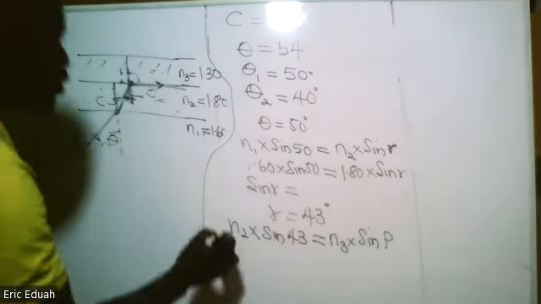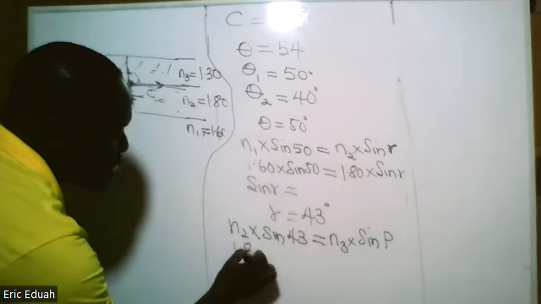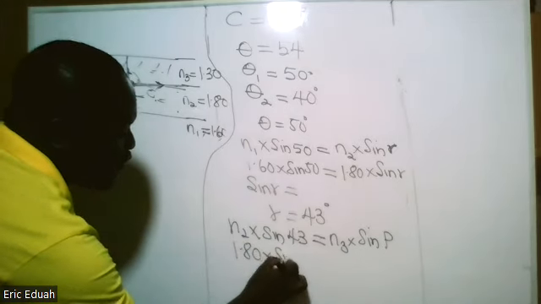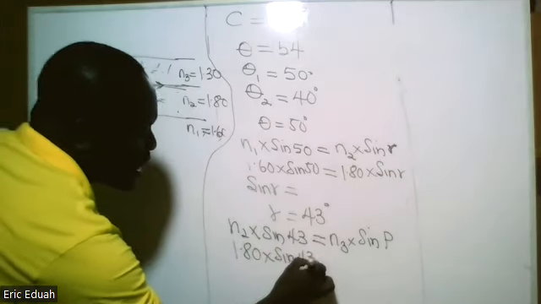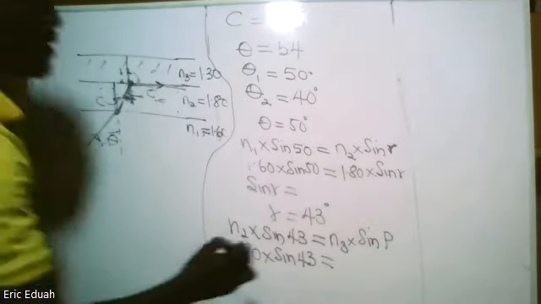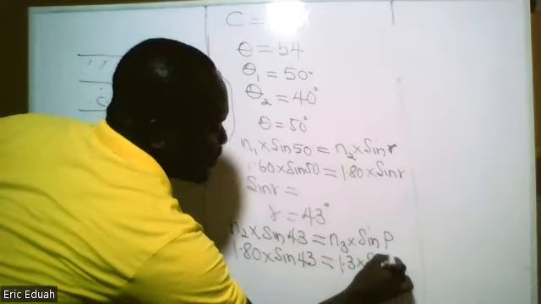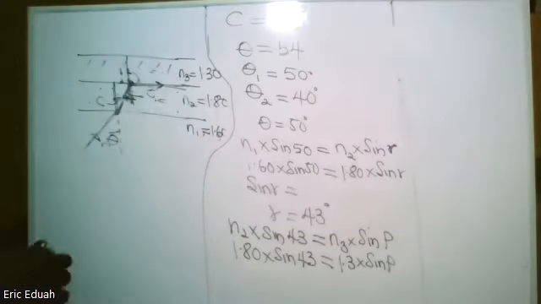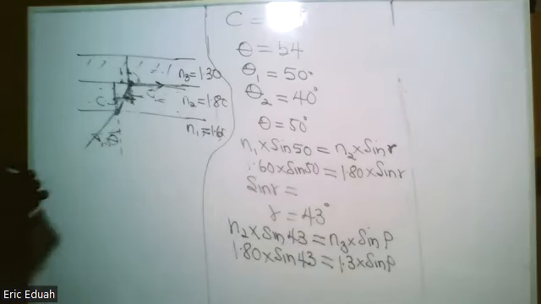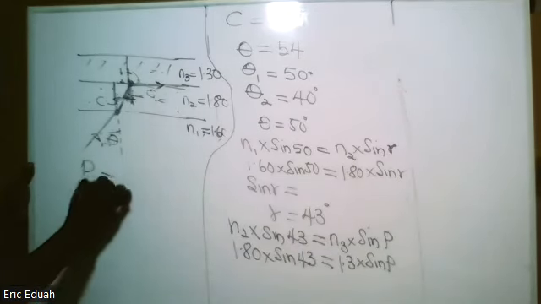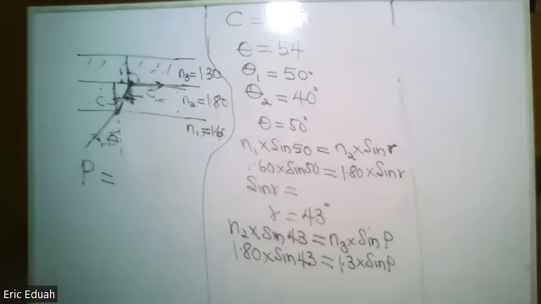So N2, which is 1.8, times sine of 43 is equal to N3, which is 1.3, times sine of P. Please quickly help me get the value of P. What do you think will be P? 70.